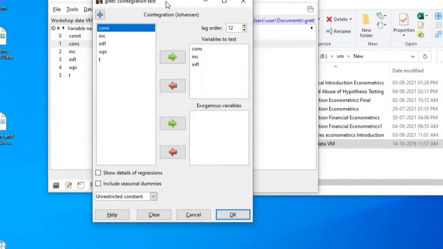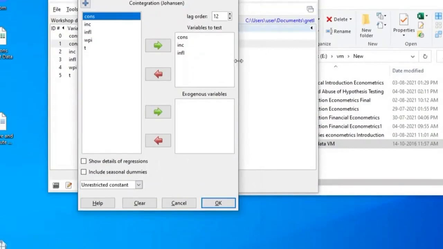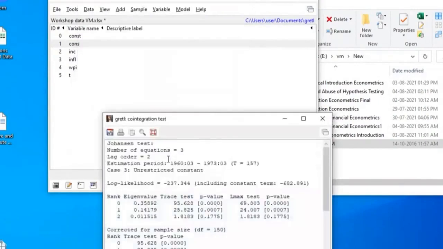For the JJ test, we have the endogenous variables as in a VAR framework: consumption, income, inflation, and we have to give the optimum lag that we have already found as 2. So we give lag 2. Then we give OK. Keep all other things the same. We need not change anything. Click OK, and we have the result here.